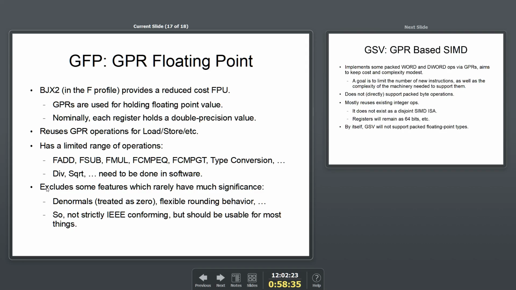It excludes some features which rarely have much significance. These would be denormals, which are basically treated as zeros in the BJX2 FPUs, and also excludes things like flexible rounding behavior and so on. Pretty much no real code in C ever really messes with that anyway, so it's kind of moot.